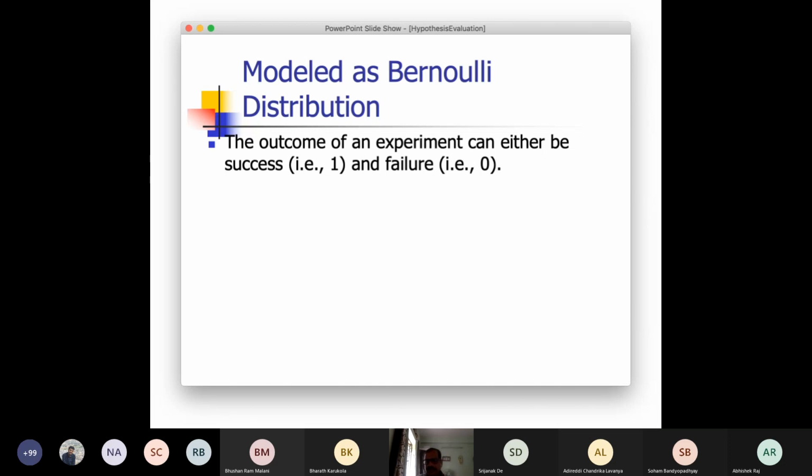Now, when you are trying to do this kind of analysis, we follow a certain model probability distribution. This process can be modeled as a Bernoulli distribution. What is the Bernoulli process? It provides an outcome either with a certain probability for success and, of course, the complementary probability for failure.